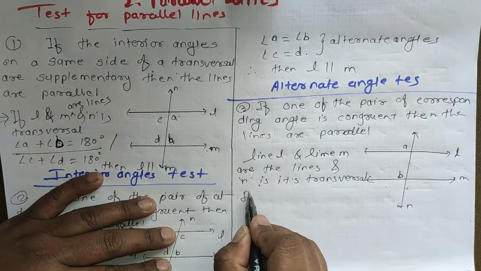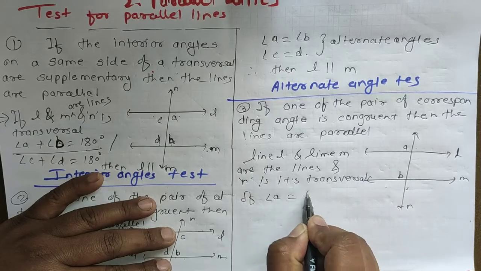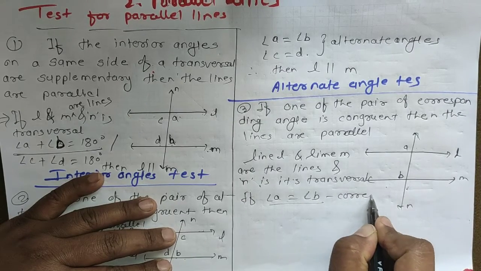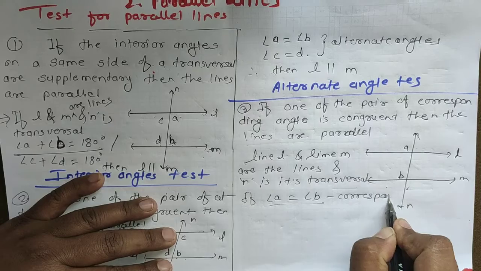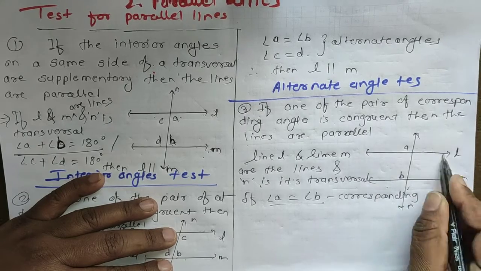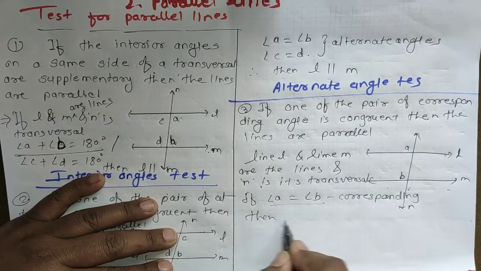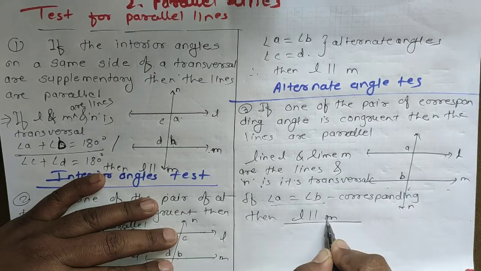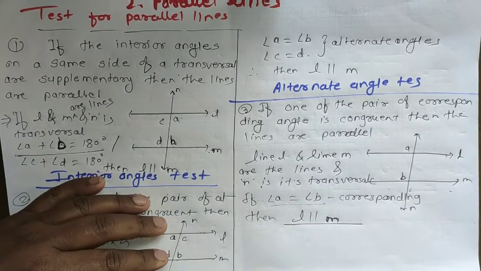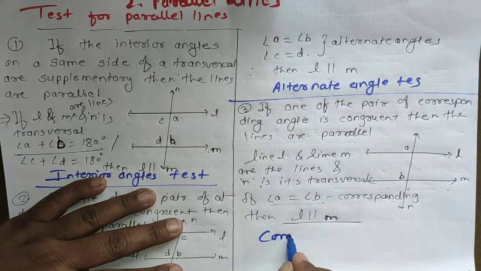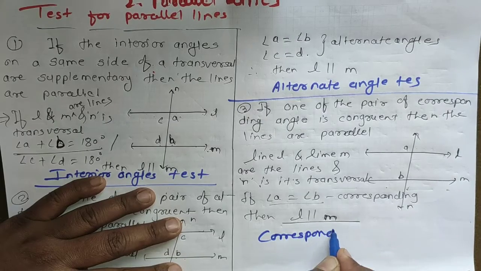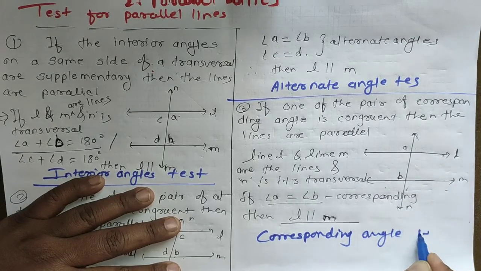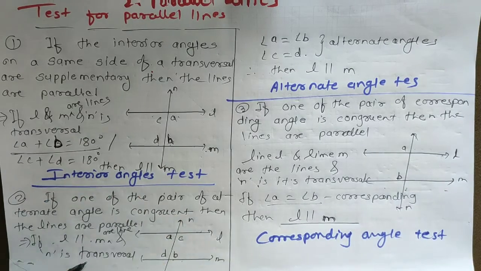And if angle A is equal to angle B, which are one of the pairs of corresponding angles, then these two lines are parallel to each other. Then line L is parallel to line M, okay, and this test is called the corresponding angle test. Okay, and all these tests we will see in our next lecture.